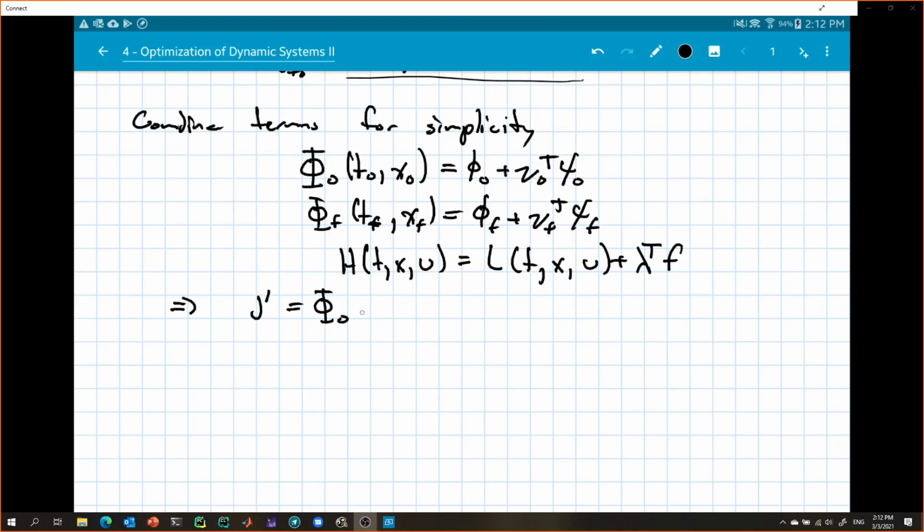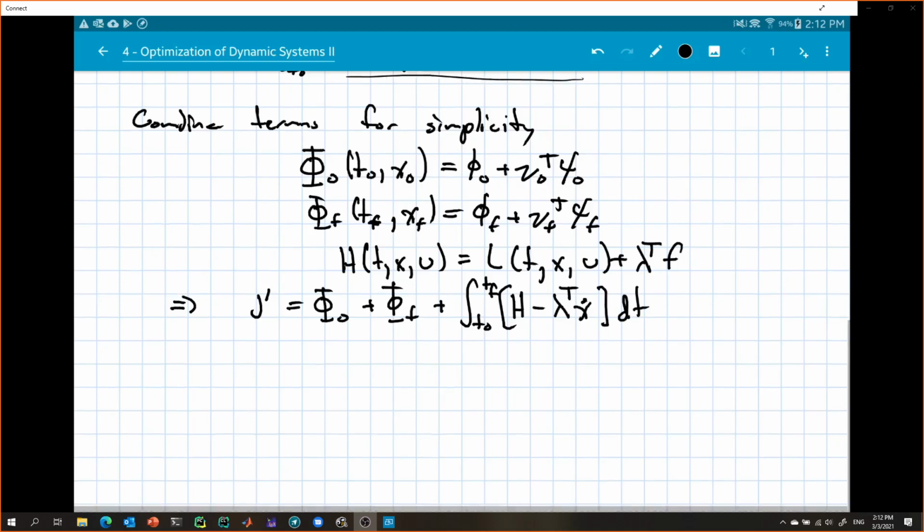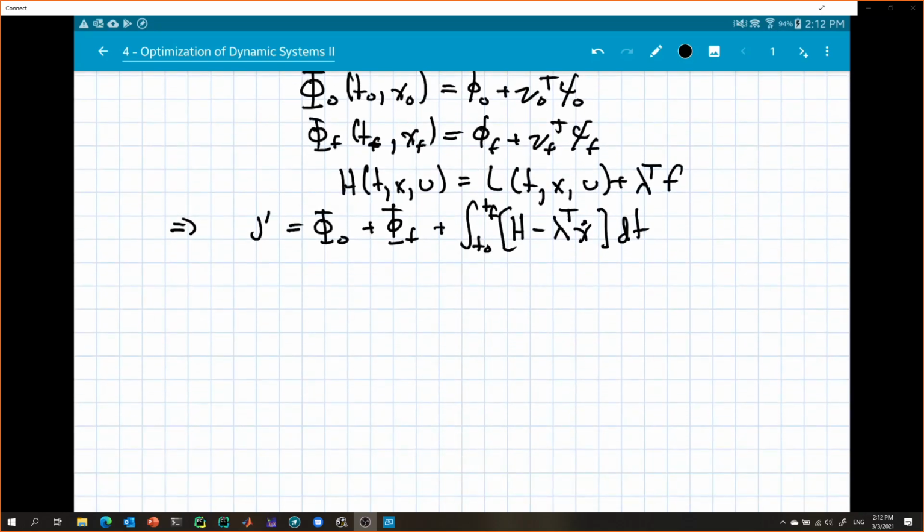We have big phi naught plus big phi f plus the integral from t naught to tf of the Hamiltonian minus the co-states times x dot. Okay. So this is a nu, so it's not supposed to be an h, it's supposed to be an n.